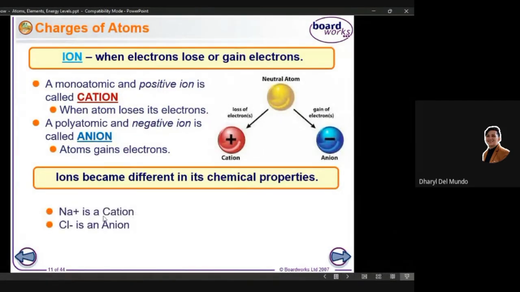So example like this one, we have sodium, which is a cation, and we have here the chlorine gas, which is an anion. So you will retain the name of the sodium since it's a positive cation. Then chlorine gas will change its name as an anion, to chloride.